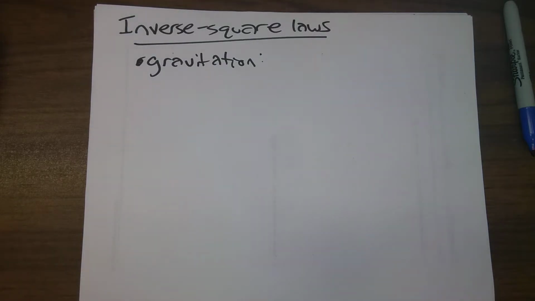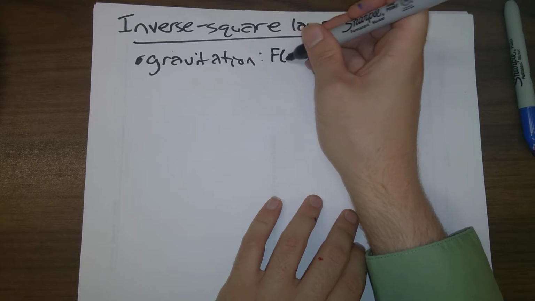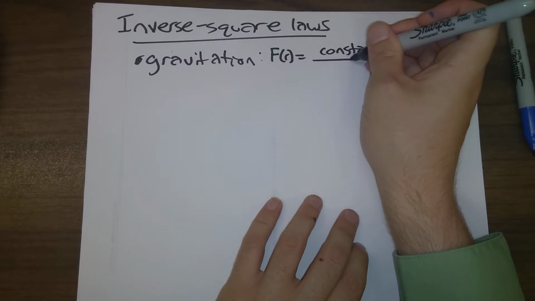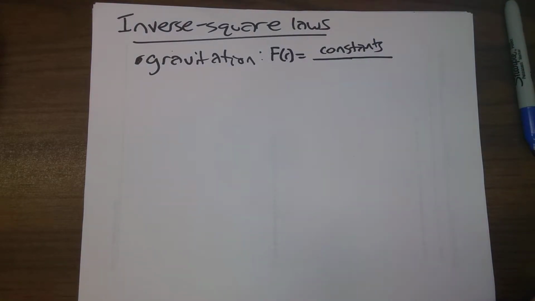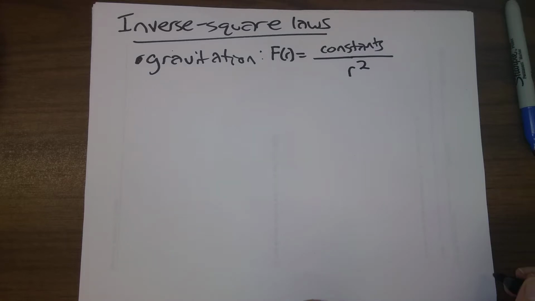Suppose that you are a planet of some kind, revolving around the sun, and you're wondering what the force of gravity is between you and the sun, and how that depends on how far away from the sun you are. The force would be some constants, which depend on the sun's mass, on the planet's mass, and an overall constant due to gravity, all of it divided by r squared.